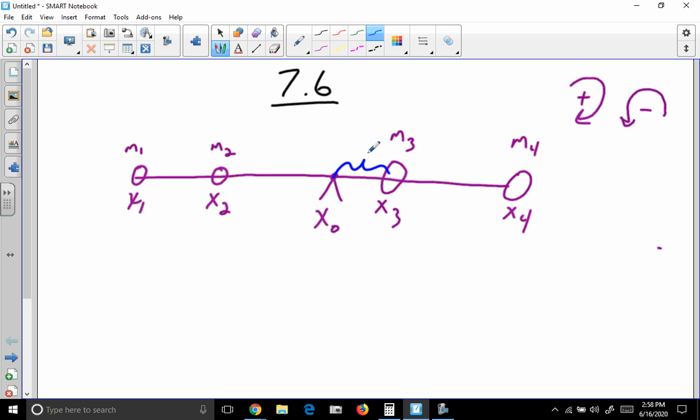And if this is causing a positive rotation, we want that distance to be considered positive. So for mass 3, its radius, or its moment arm, is x3 minus x sub 0. For this one, its moment is mass 4 times x4 minus x sub 0.